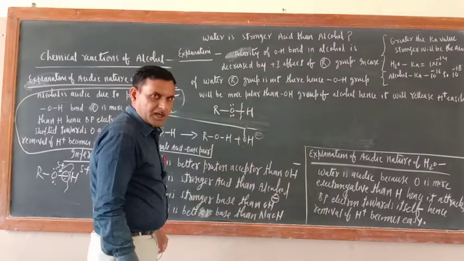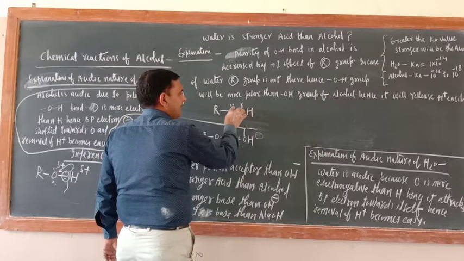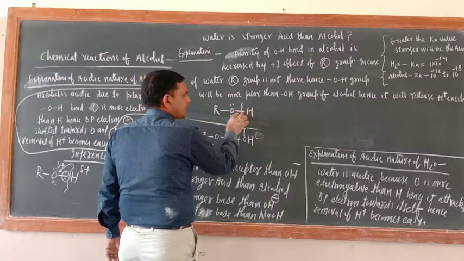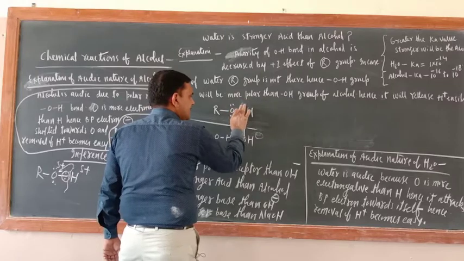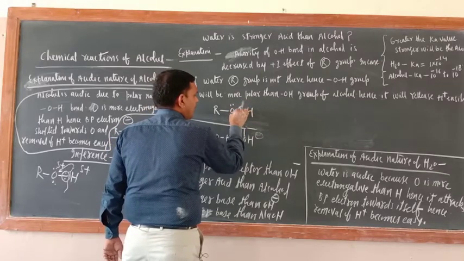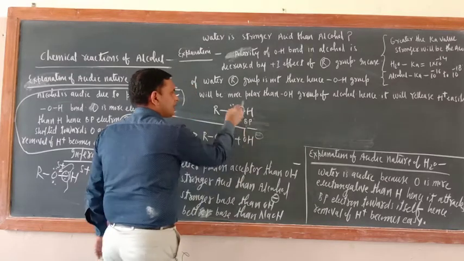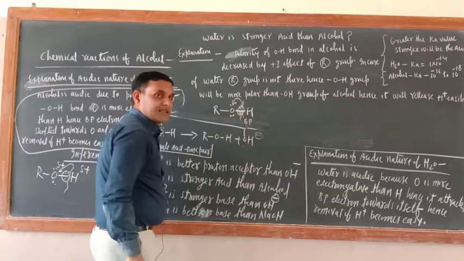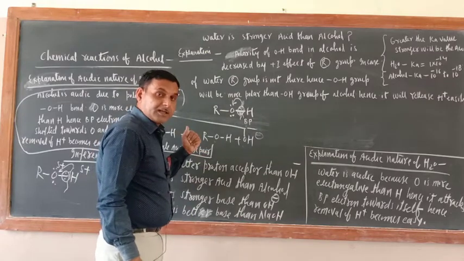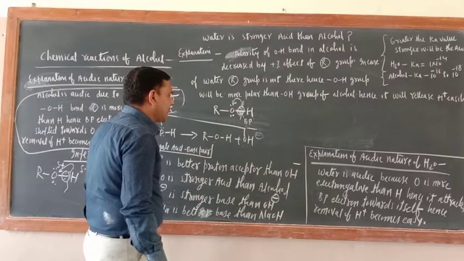Correct or not? And when will this bond be broken easily? When the OH bond is polar, meaning this oxygen atom should attract the bond pair electrons, this is the bond pair electron, towards itself, because oxygen is more electronegative than hydrogen. Here in the alcohol case, what is happening?